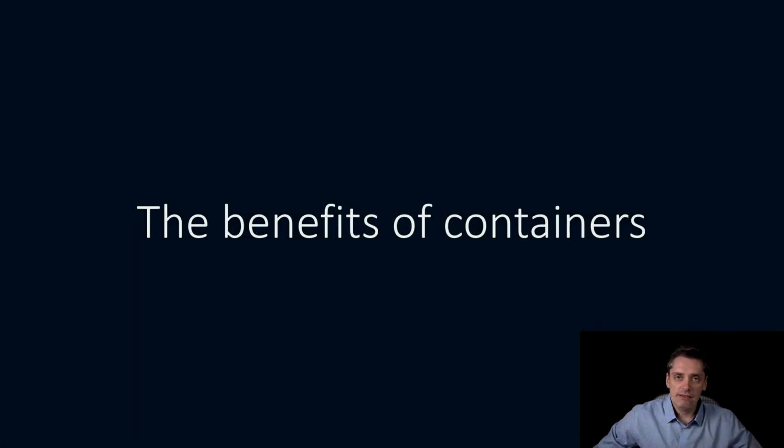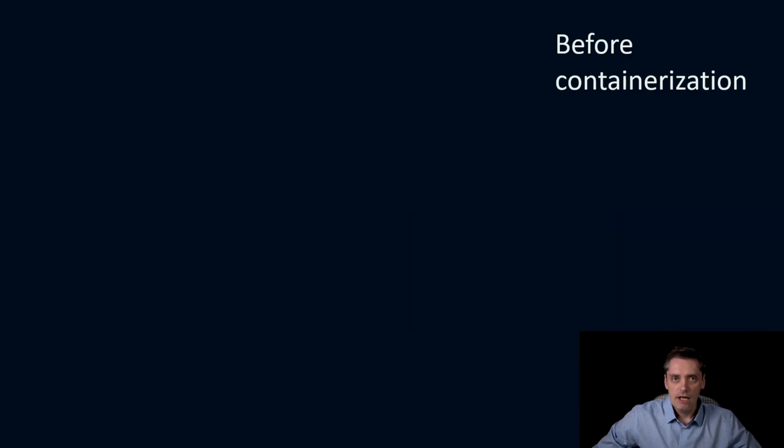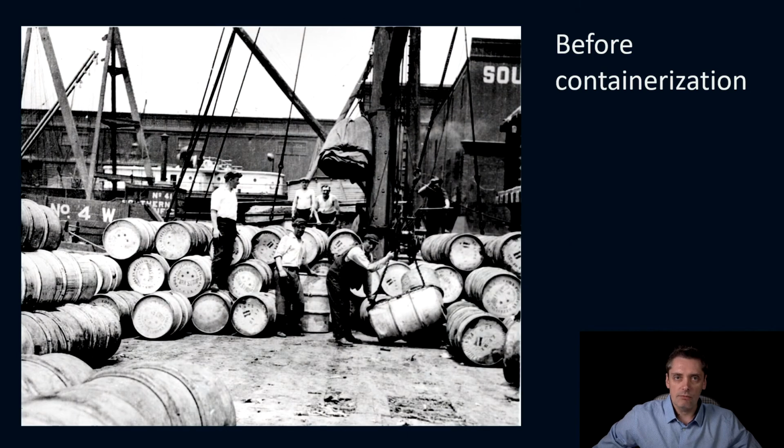In the description. Let's go back in time to the moment when the containers revolution started. I'm talking now about containerization, which revolutionized transport and international trade in the second half of the 20th century. Can you believe that just 65 years ago there were no shipment containers? Loading and unloading cargo was completely manual work that was done by hand by longshoremen.